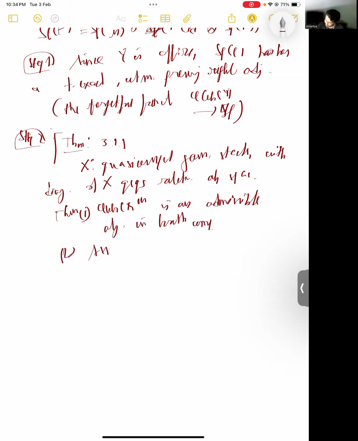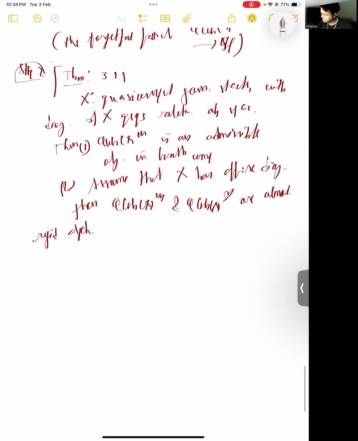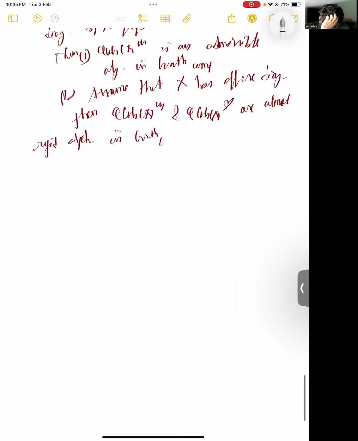And then if you assume that X has affine diagonal, then this Q co X Cn and X R are almost rigid algebras in GraphCom and I think PRL, right?